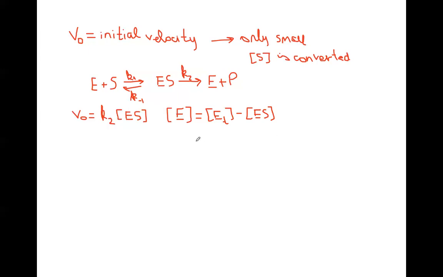All right, so obviously the enzyme total is how much enzyme you put into the reaction mixture, right? So we know that. But then the question you may ask, okay, we don't know the free enzyme at any particular time, but we also don't know how much of the enzyme is occupied by the substrate at any particular time. So that doesn't really help us very much. So we need to find out how much of this is present in the reaction mixture.